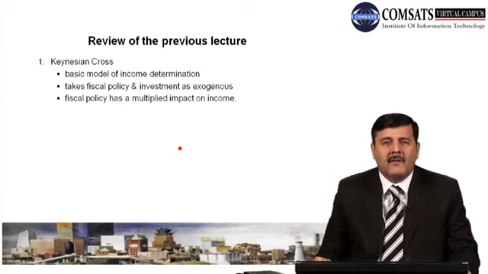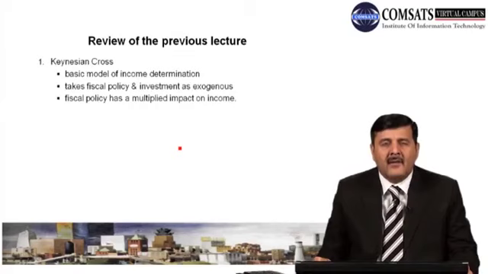When we discussed the impact of change in government purchases on income, we saw that the change in income is much bigger than the change in government purchases. Suppose if there is a 1% change in government purchases, there will be a 5% change in income, right?